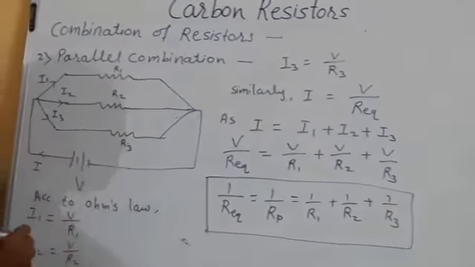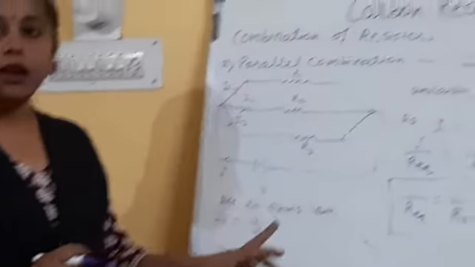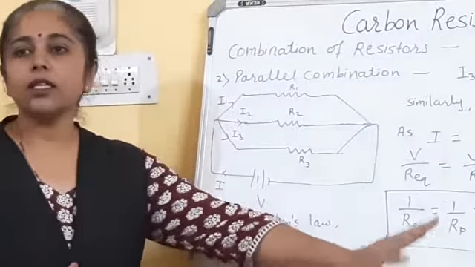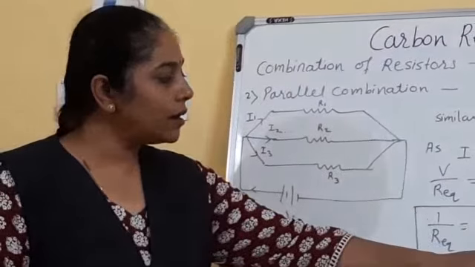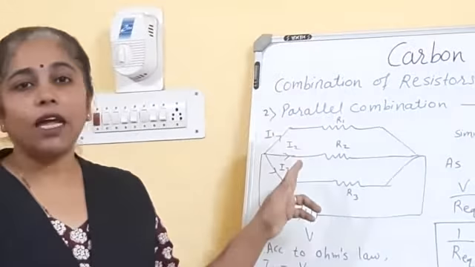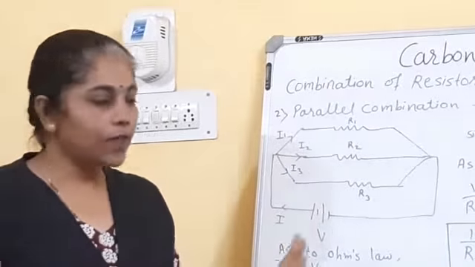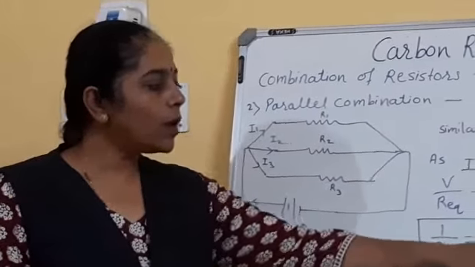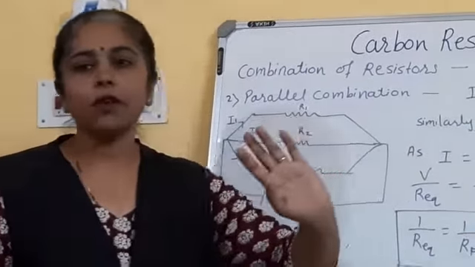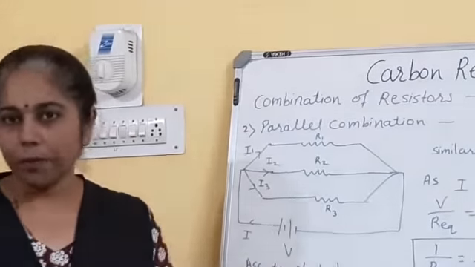So when the resistors are connected in parallel, the effective resistance is less than the least value of resistor connected. And how are you going to calculate? 1 by R1 plus 1 by R2 plus 1 by R3 is equal to 1 by RT.